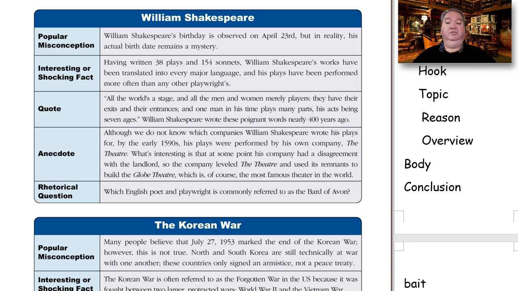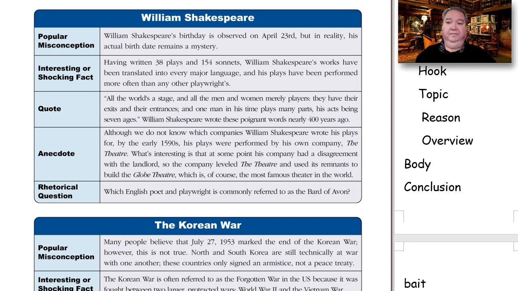Or a rhetorical question: which English poet and playwright is commonly referred to as the Bard of Avon? Now, if you're in the audience, you don't need to shout out, "Oh, William Shakespeare!" It's a rhetorical question. You don't need to answer it because they're going to give you the answer. Okay, now a little bit about rhetorical questions. A lot of students like to use these, and they can be great, but you don't just want a simple yes or no question.